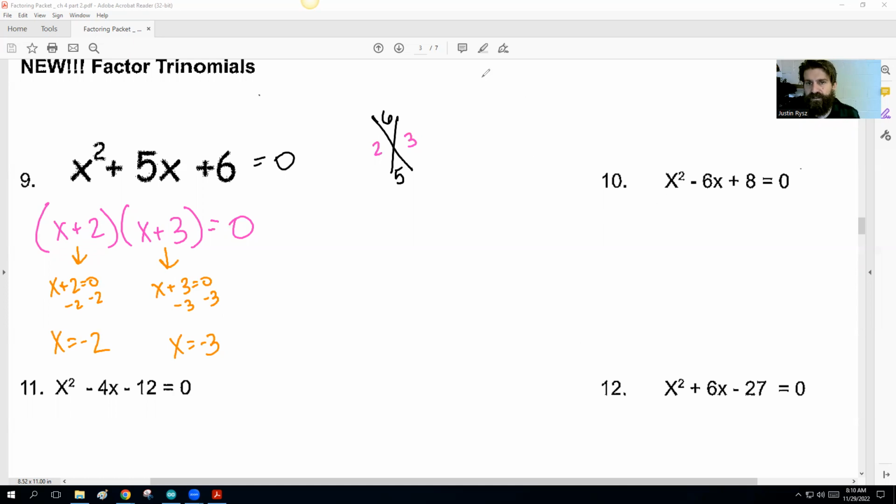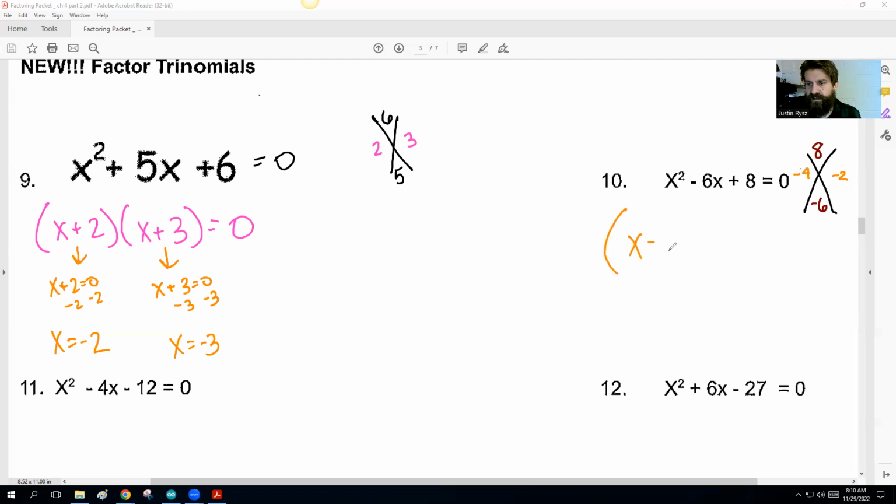All right, so let's practice this a couple times. If you guys want to pause the video at any time to watch it on your own or try, you can. All right, so we got what 2 numbers multiply together to give us 8, add together to get negative 6. That means they're both going to be negative numbers here, and that would be a negative 4 and a negative 2.